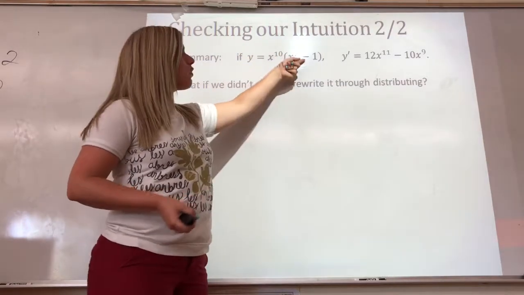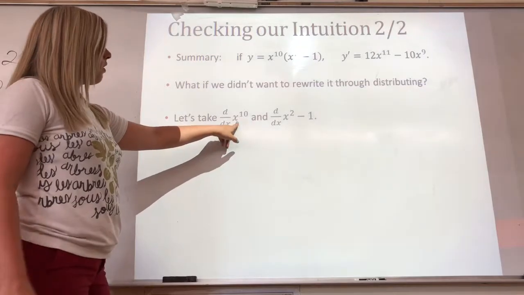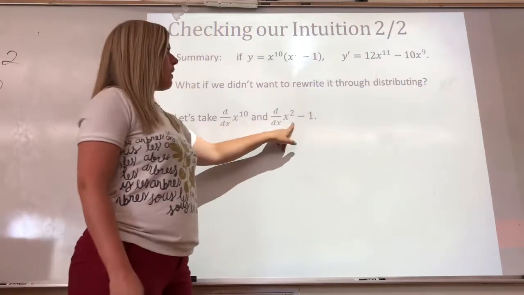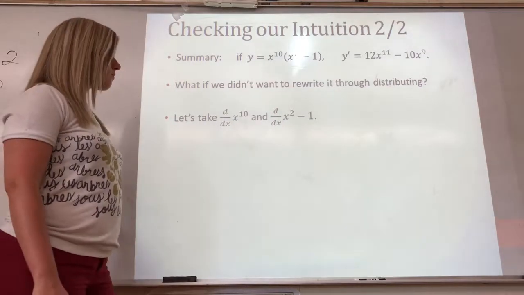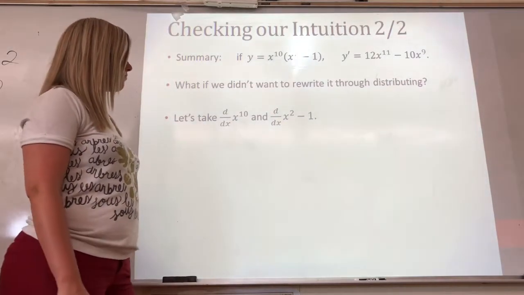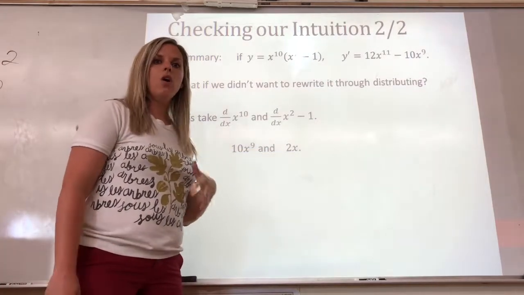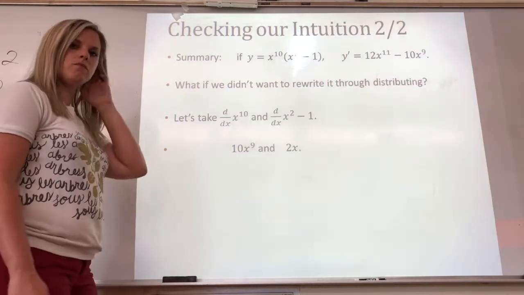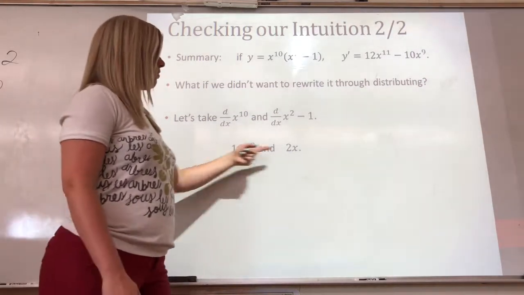So I'm going to take the derivative of x to the 10th and the derivative of x squared minus 1. Take each of those derivatives. All right, 10x to the 9th and 2x. Now, multiply them together.